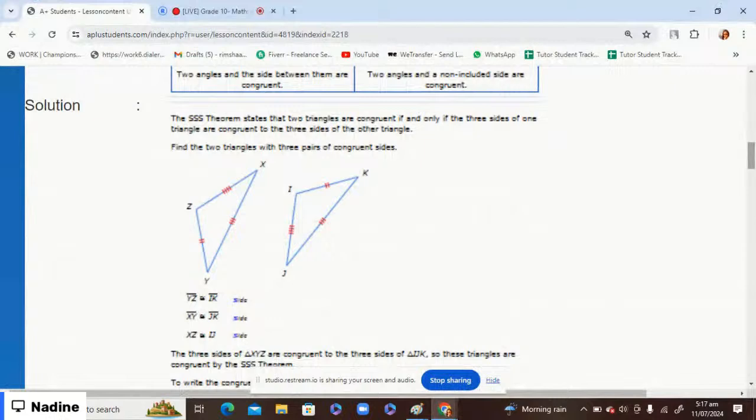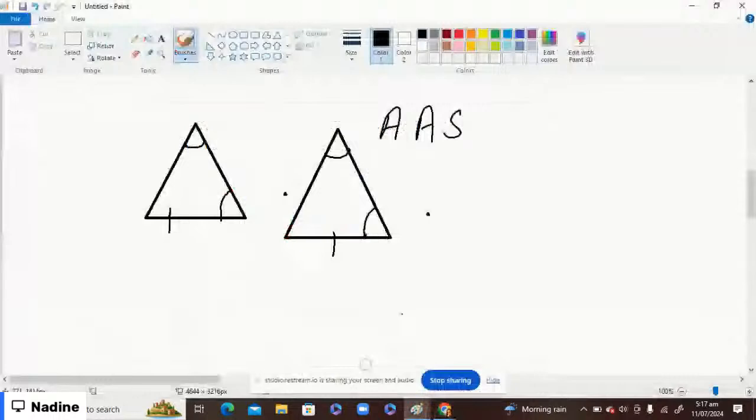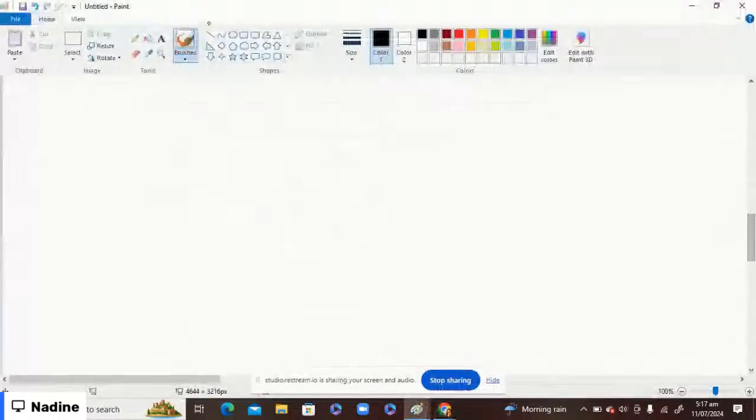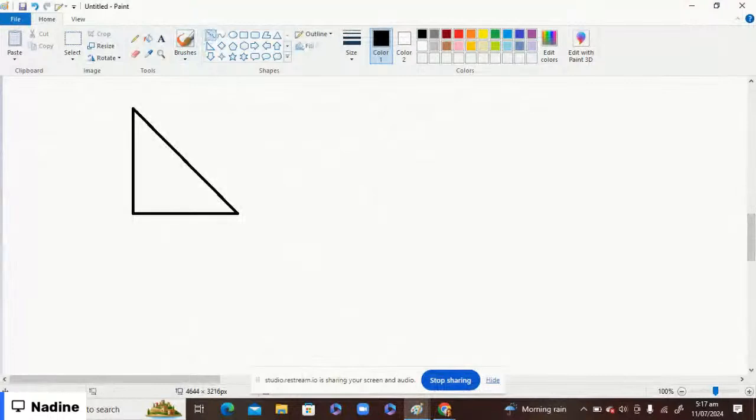Both are the same. Then XZ is the same as IJ. Then XY equals KJ. Any triangles that are given could be in the form of this, and the other triangle in the form of this.